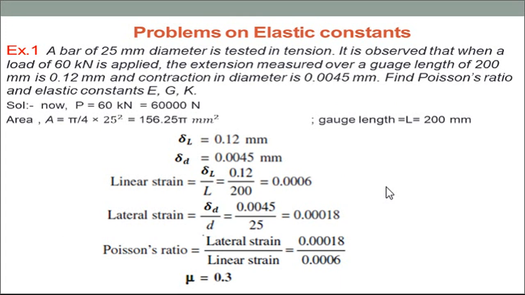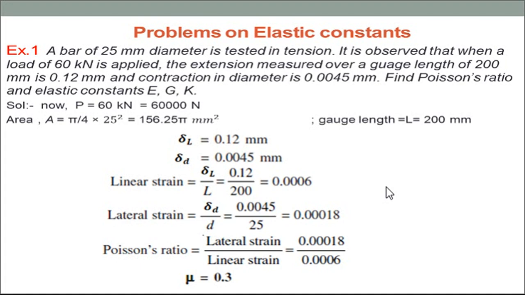It is observed that when a load of 60 kN is applied, the extension measured over a gauge length of 200 mm is 0.12 mm and the contraction in diameter is 0.0045 mm. Find the Poisson's ratio and elastic constants E, G and K. So this is the problem.